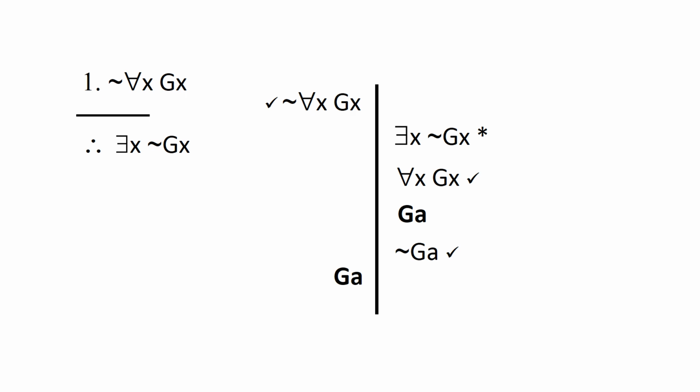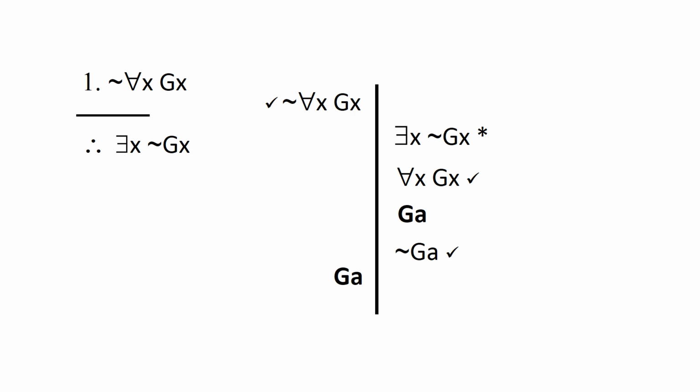Just as before, follow the path up from bottom to top like a bubble, and you look only at the atoms. In chapters 2 and 3, the atoms were sentence letters. We now have a new kind of atom, a predicate atom, like GA. Follow the path from bottom to top like a bubble, looking only at the atoms, and we see GA is on the left, and GA is also on the right.